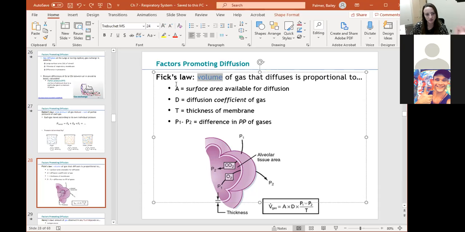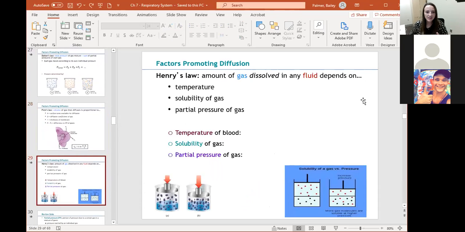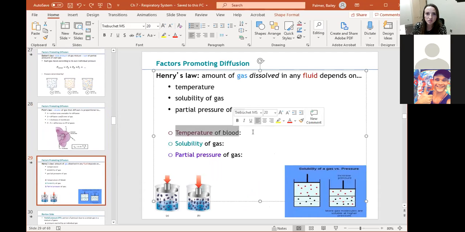Those 4 variables. And then Henry's law is specifically talking about gas dissolving in a fluid. That is going to be oxygen dissolving in blood. So the gas is oxygen, the fluid is the blood. The amount of oxygen that diffuses into the blood, what is that based on? It's based on the temperature of blood, which usually stays relatively constant from rest to exercise.